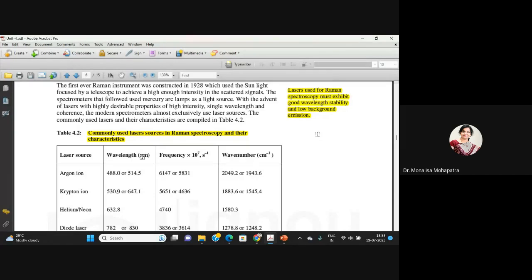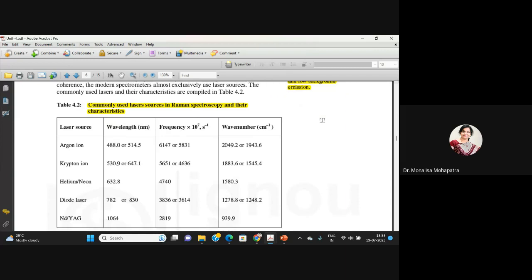So to get a better quality resolution of the emitted spectrum, you may use a laser. Lasers used for Raman spectroscopy must exhibit good wavelength stability and low background emission. Background noise or small background emission peaks will be avoided if you are using a laser.